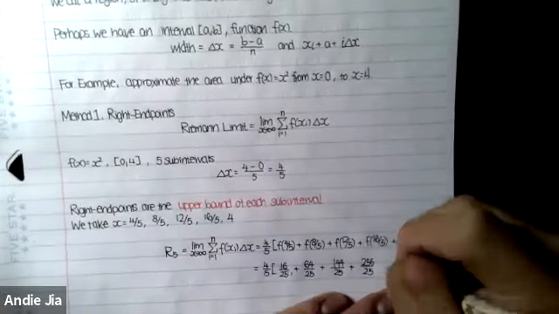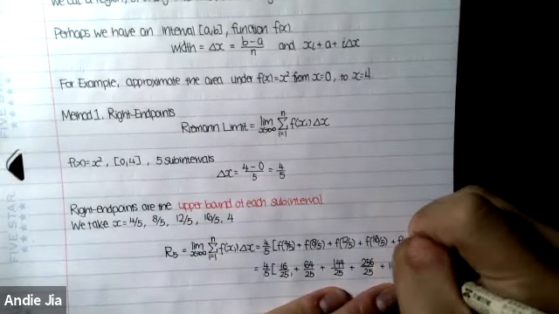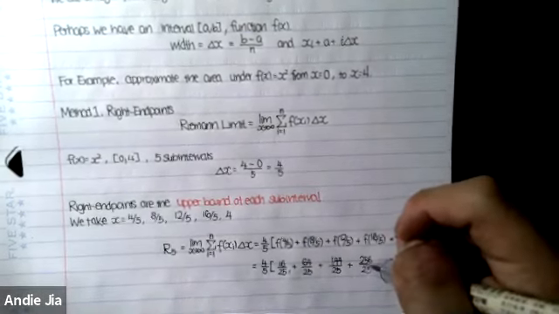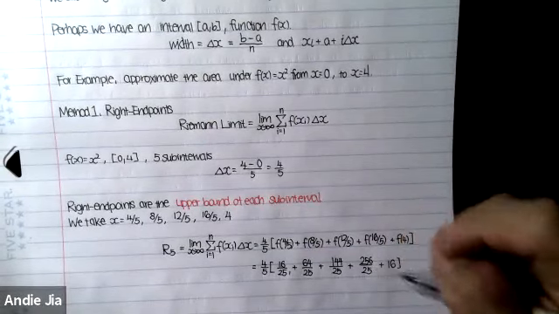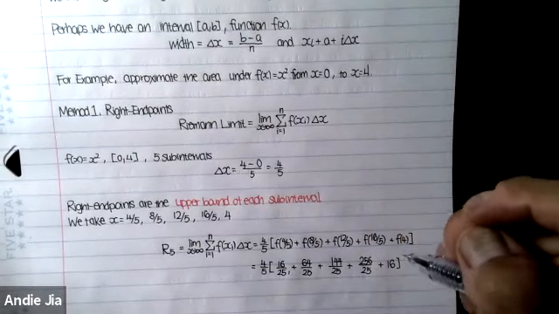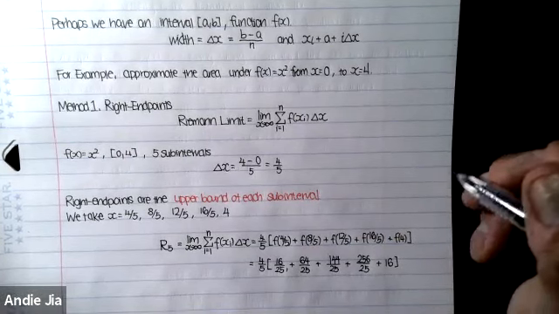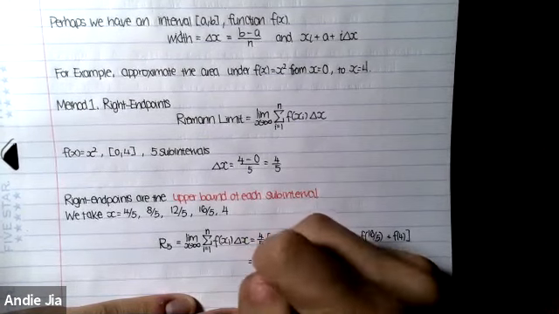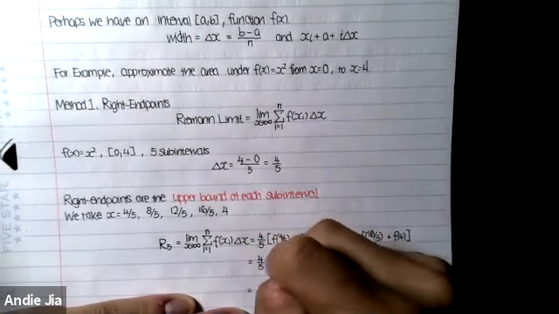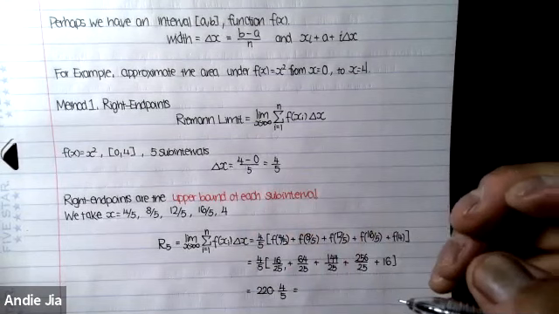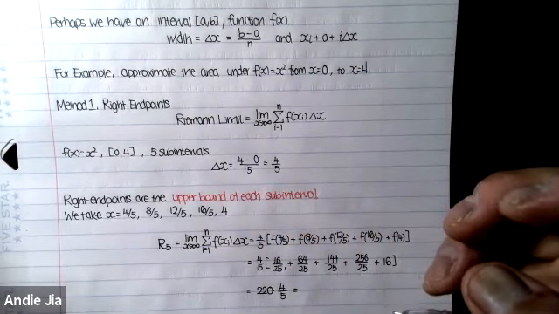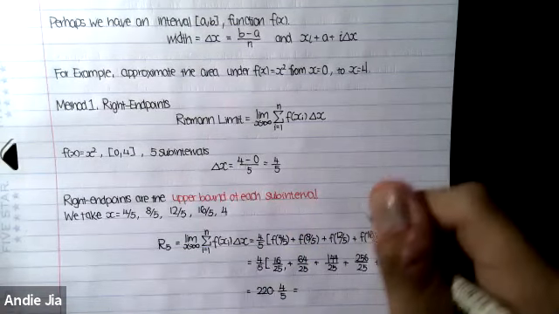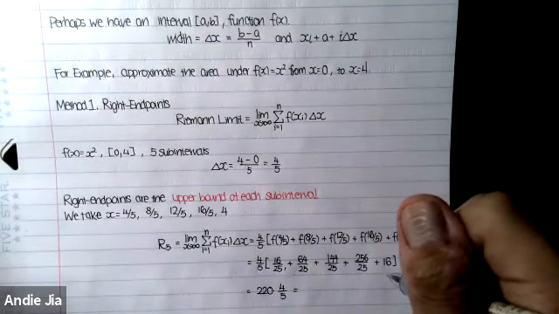Plus 16. This is 80, this is 100 from 80, plus 20, this is 220. So it's 176.